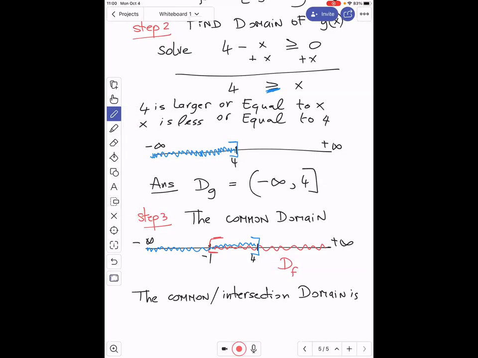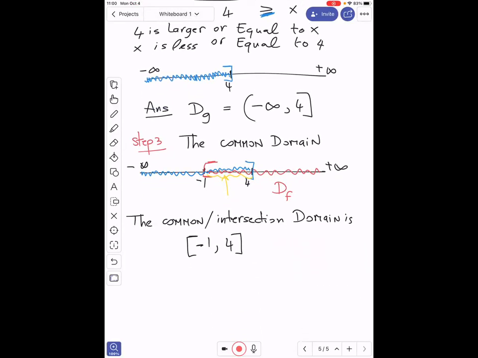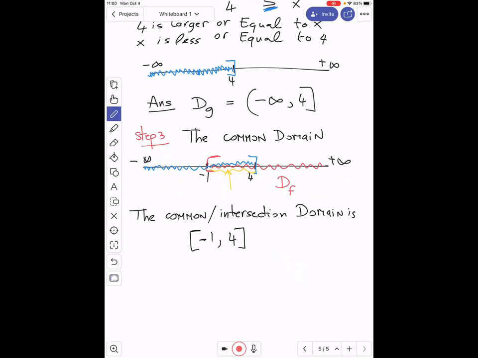That would be this interval right here. That's my intersection domain from -1 to 4. Both -1 and 4 are included. All right, so that's the answer for the domain of f plus g.